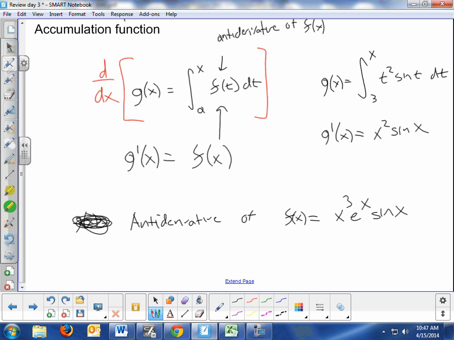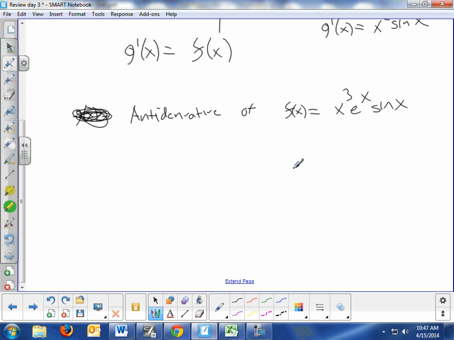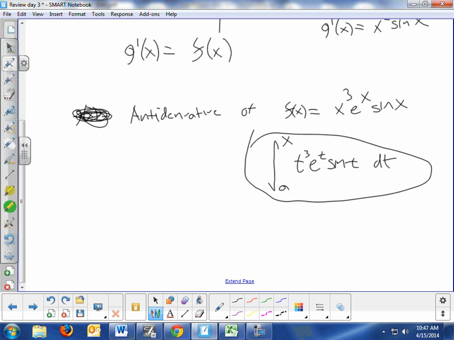You'd be like, well, Mr. Messenger, that's impossible. I can't do that. Well, you actually could answer this in a little tricky way by just putting this in the accumulation function and just use t's. This is considered the antiderivative of that.